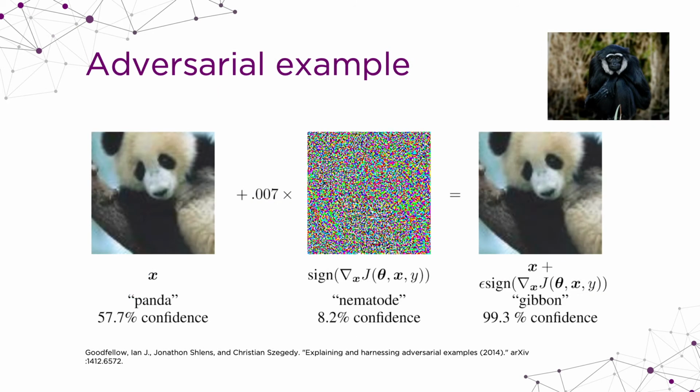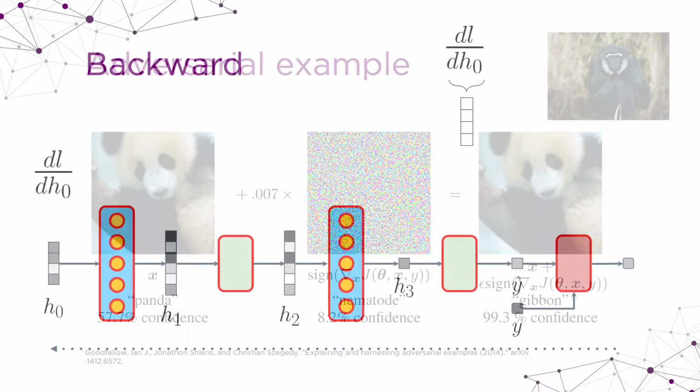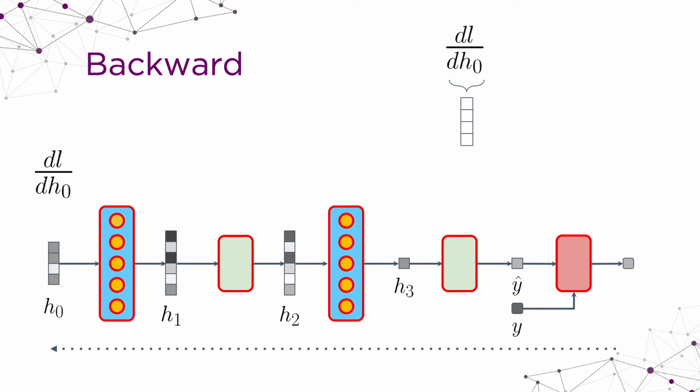Okay, we can also do something else, something funny, called adversarial example. Remember in my example, I was taking the gradient of the loss with respect to all the parameters, but instead of stopping the backpropagation algorithm at this module, I computed the gradient of the loss with respect to the image.